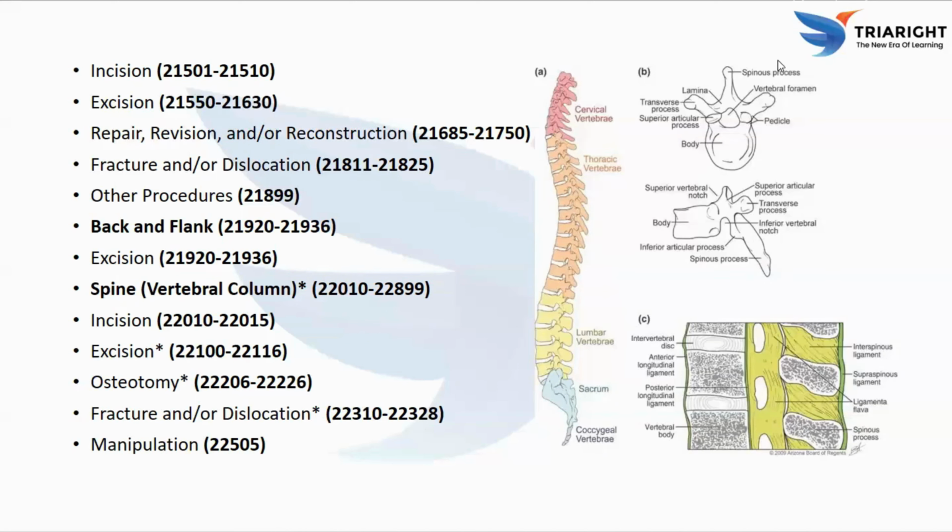Body, spinous process, transverse process, lamina and pedicle. These are all the parts of the vertebra. And the intervertebral disc and ligaments are shown in the picture: intervertebral disc, anterior longitudinal ligament, posterior longitudinal ligament, and the vertebral body.